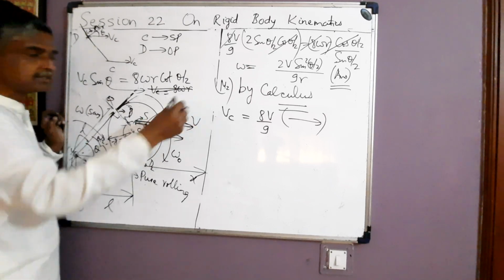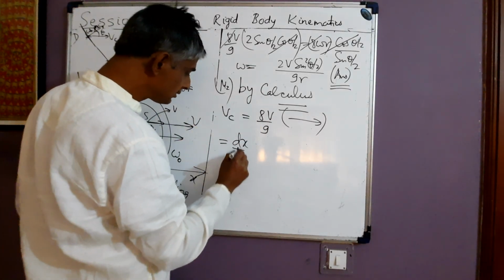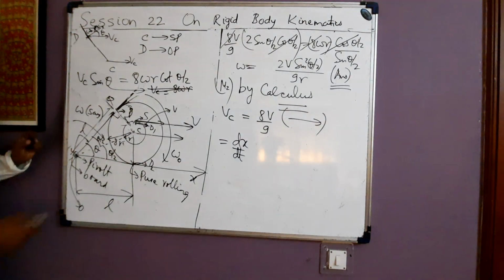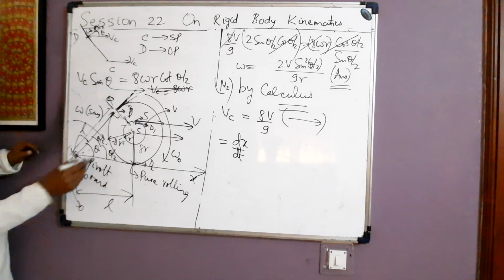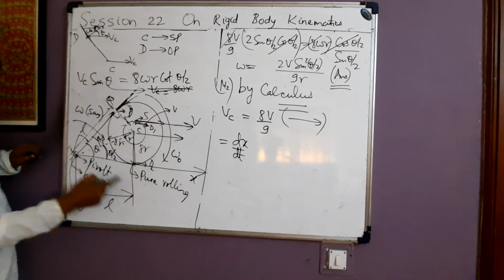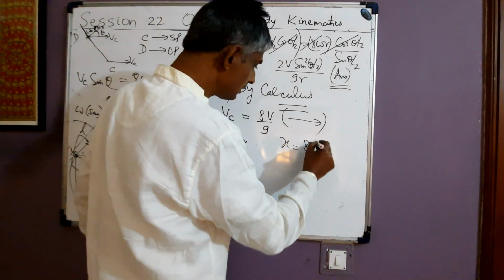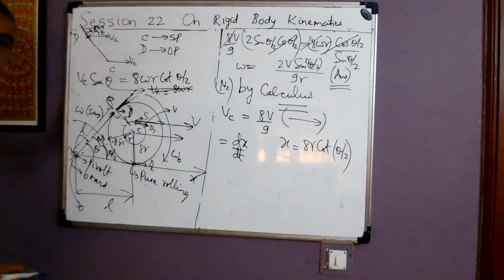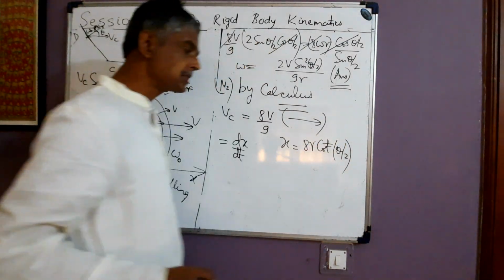Velocity of Vc is along the x-axis, so it can be written as dx by dt, where x is the x coordinate of center C. This is 8r, and this angle is theta by 2. So the x coordinate of C is 8r cot theta by 2.